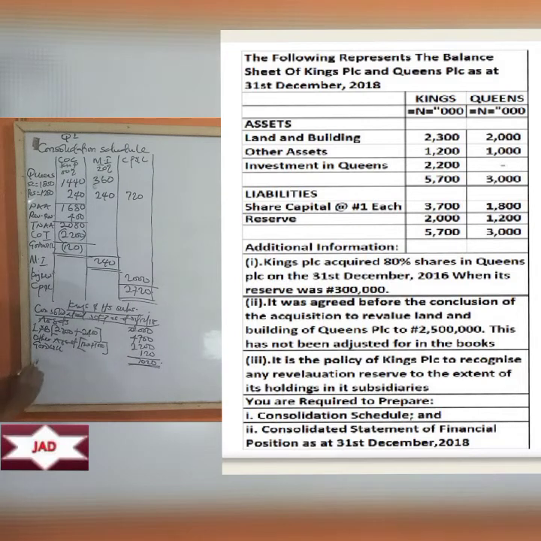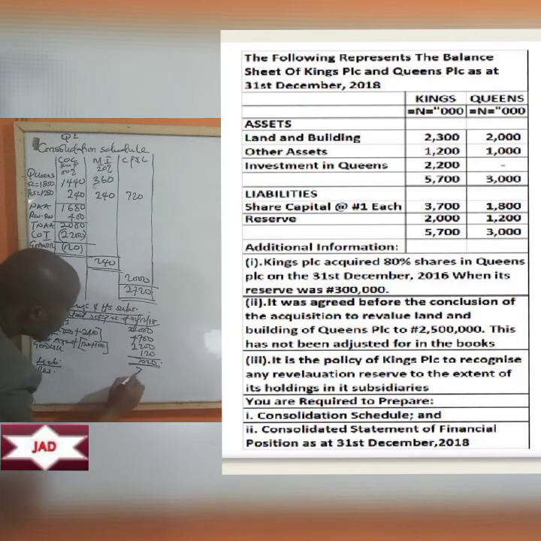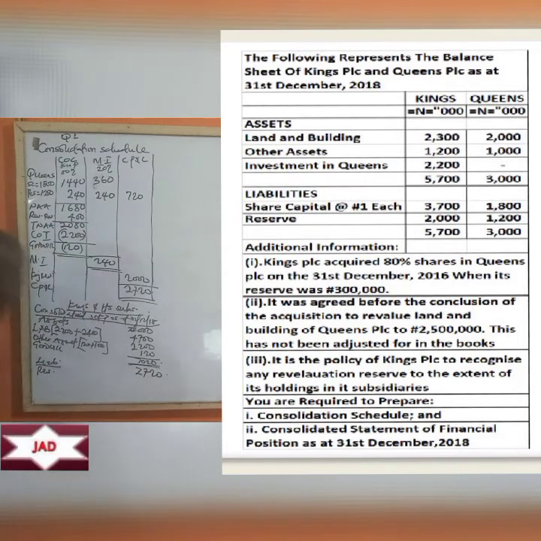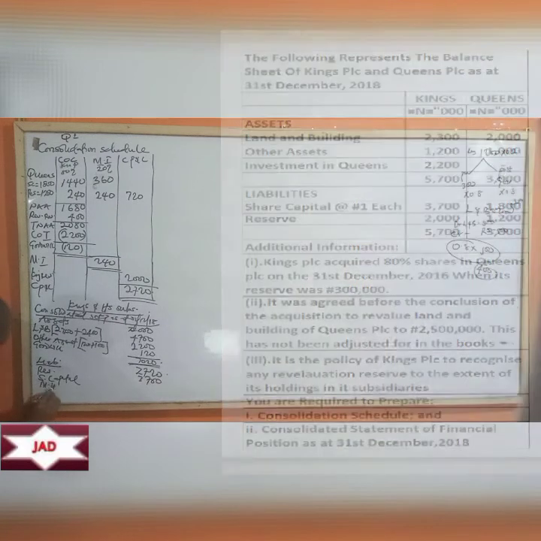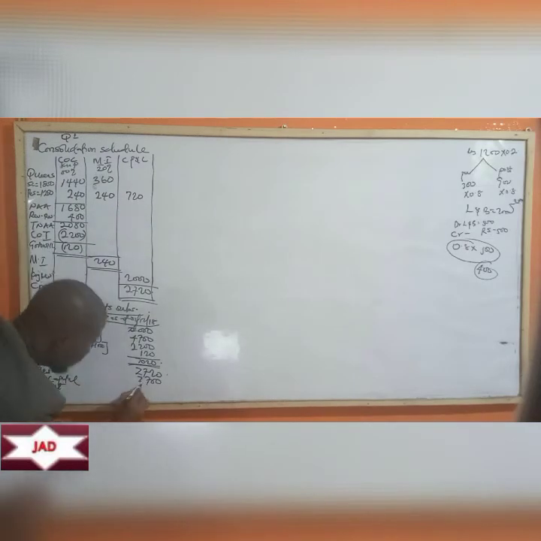So what are our liabilities now? We have our reserve. Reserve is 2,720. Share capital, according to the question, is what? 3,700. Minority interest, 240.